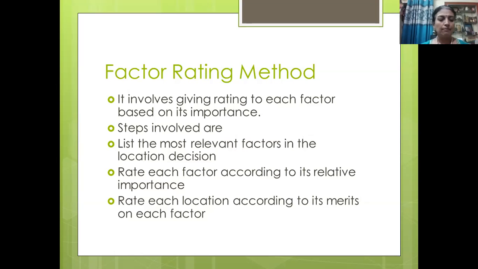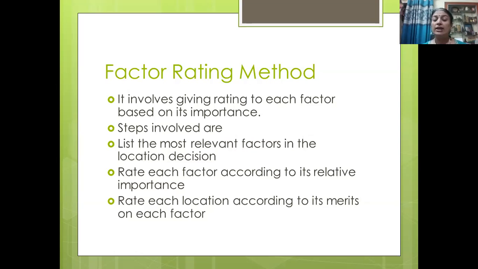What are the steps? The first step is to list the most relevant factors in the location decision. For example, water supply, power supply, availability of labor, availability of raw materials.